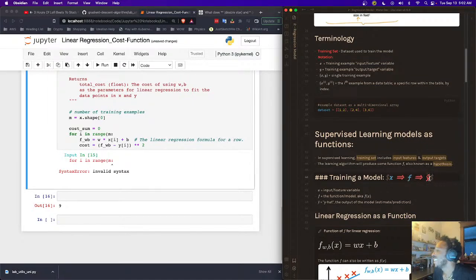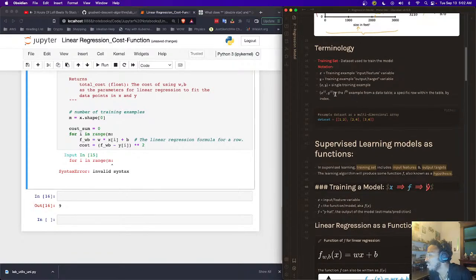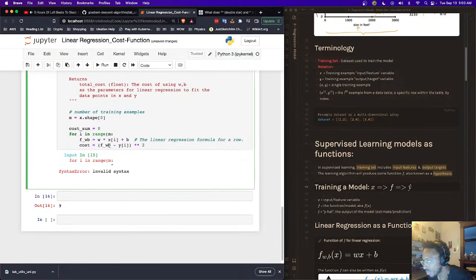Okay, so earlier I think I was saying this a little backwards, but this y hat is actually a prediction. This is when we create our model and we run it against some unknown x and we make a prediction. If it's just a regular y, then that correlates to some data from our training set.